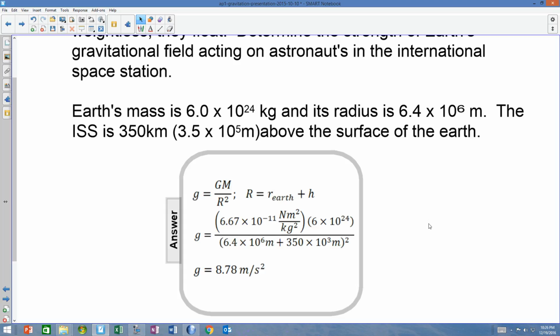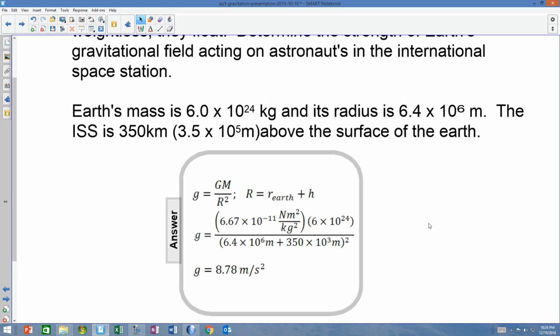So this tells us that the reason they appear weightless is not because there's no gravitational field there. There certainly is. The reason they appear weightless is because the space station and the astronauts are falling around the Earth. So remember, they're being pulled inward by a centripetal force, the gravitational force, but they're moving tangent to that acceleration.